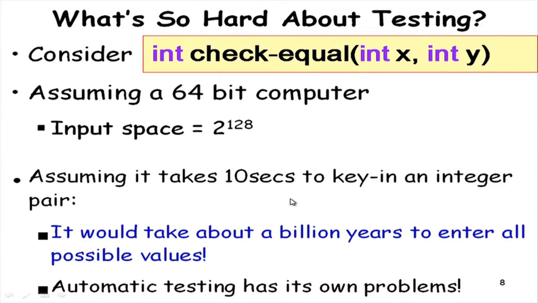But then you might say, why not automatically generate all these possible values and let the computer execute. That also will take a long time, because each execution takes finite time and it will keep on running for a long time.